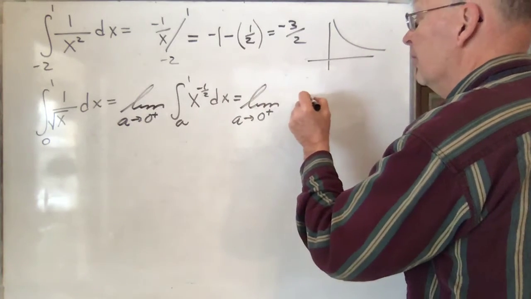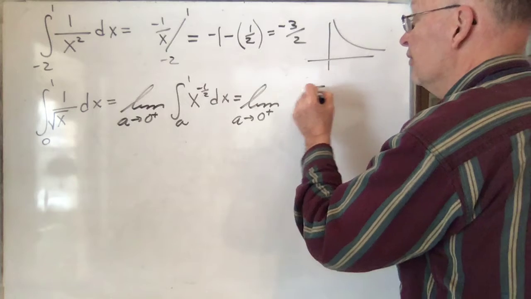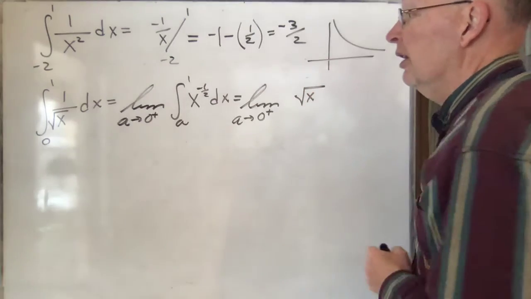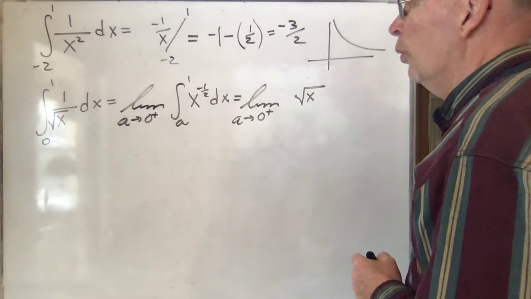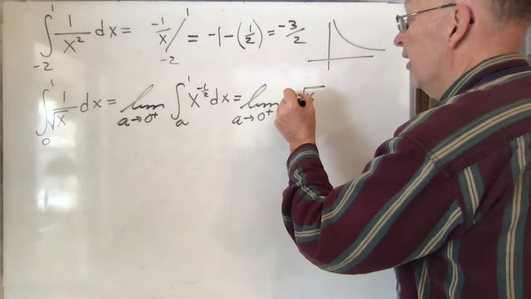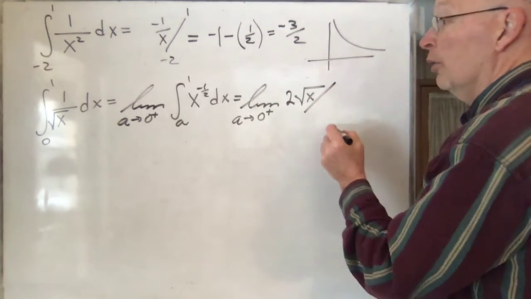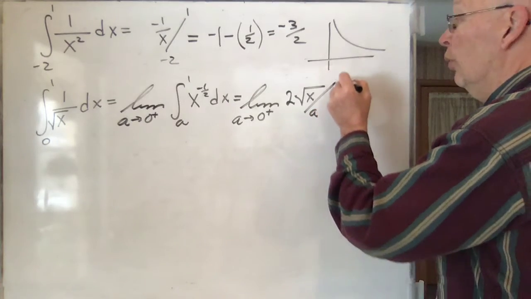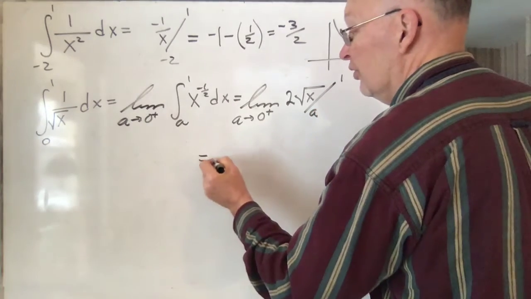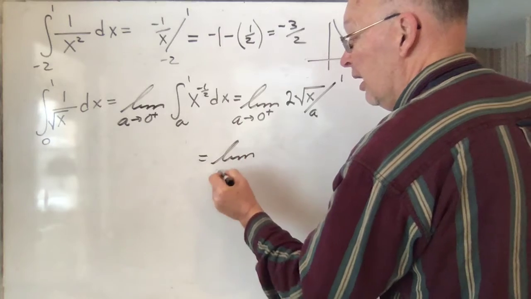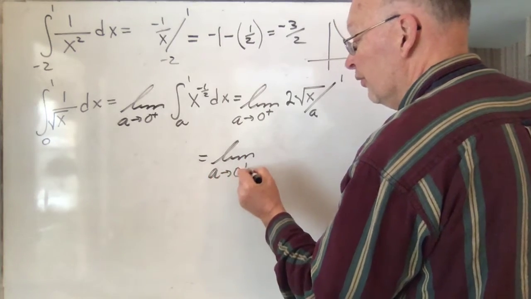as a approaches 0 from the right. The antiderivative of that is going to be x to the 1/2 power, which is the same as the square root of x, divided by 1/2. To divide by 1/2 is the same as multiplying by 2, and then go from a to 1, which is the limit as a approaches 0 from the right.